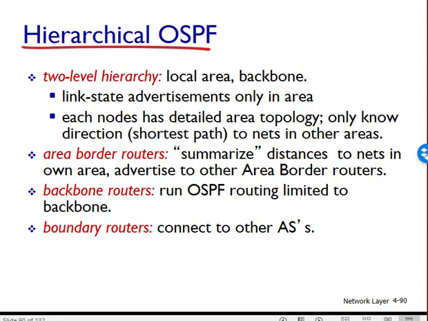Inter-area routing within the autonomous system requires that the packet be first routed to an area border router, then routed through the backbone to the area border router that is in the destination area, and then routed to the final destination. Well, that concludes our discussion of interior gateway protocols, RIP, and OSPF.